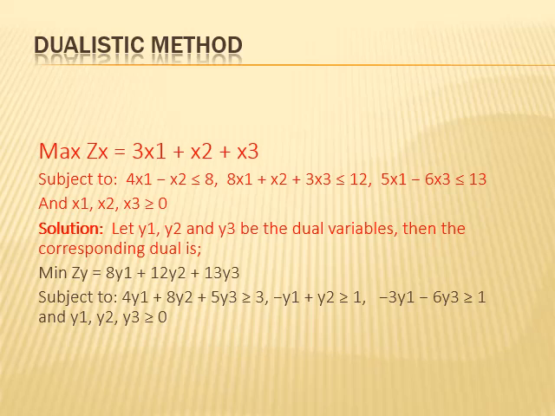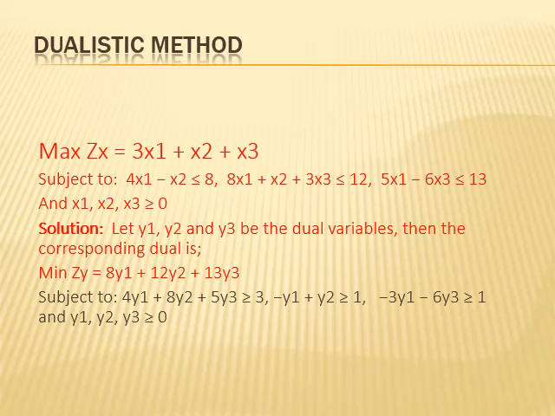So 8, 12 and 13 are what? They are the constants of the constraints of the primal. As we mentioned before, the constants at the right hand side of the constraints are 8, 12 and 13.